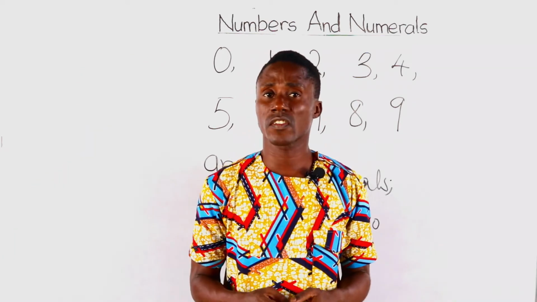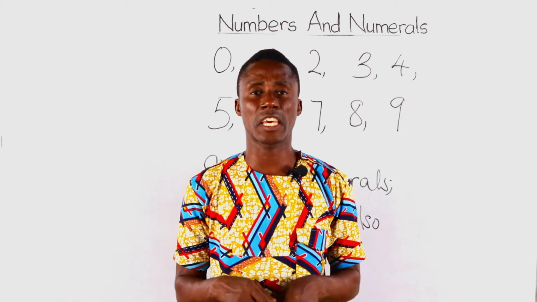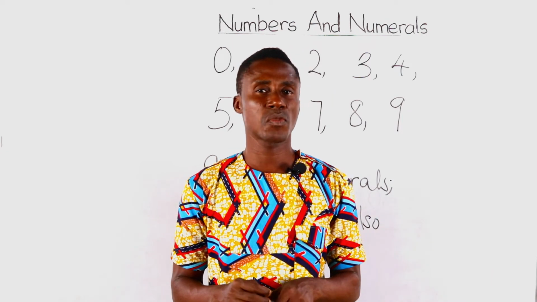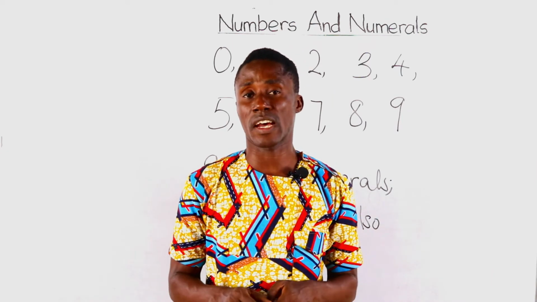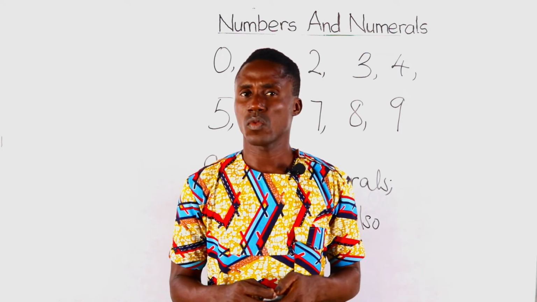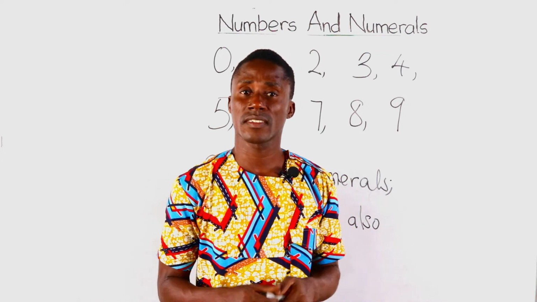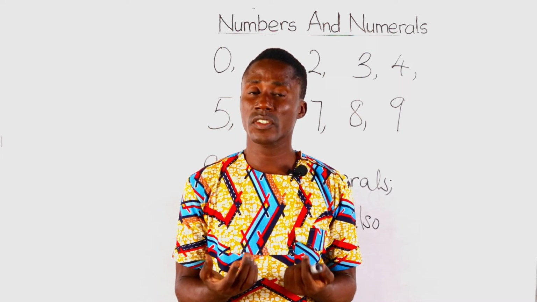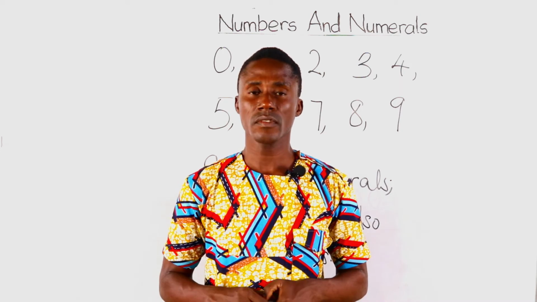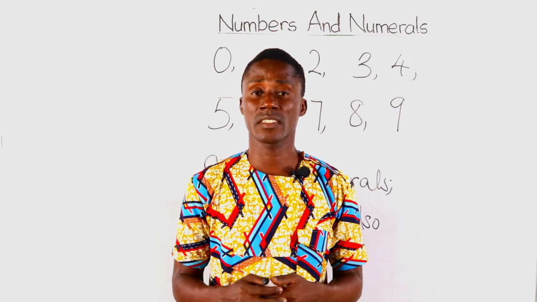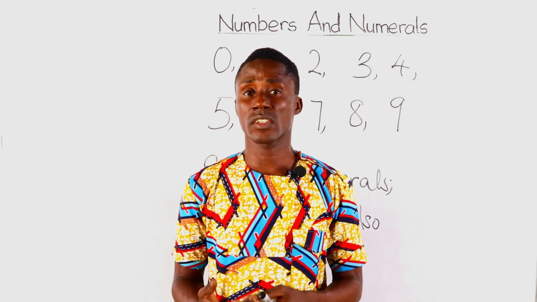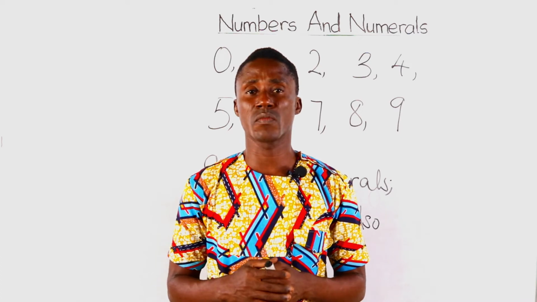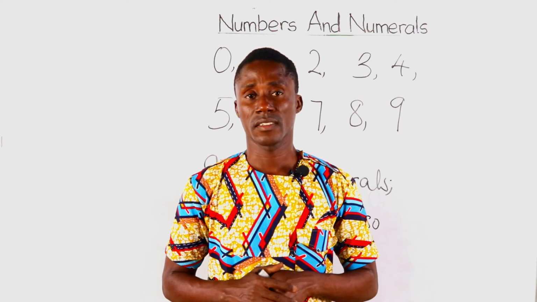So at this point, we want to go back to the beginning, and we will go over all that we have done so far. We learned something called counting, and we said counting is the process of knowing how many things there are.